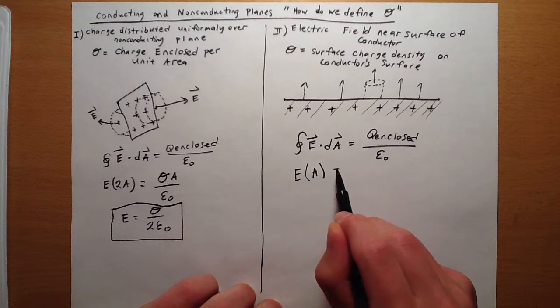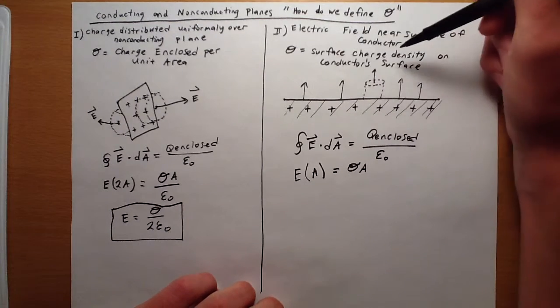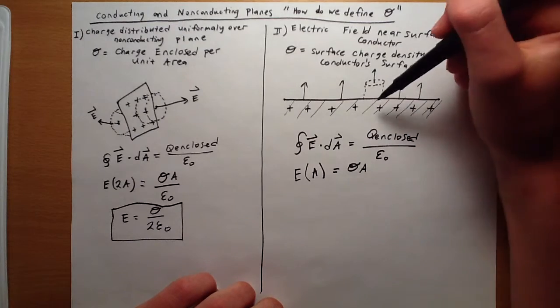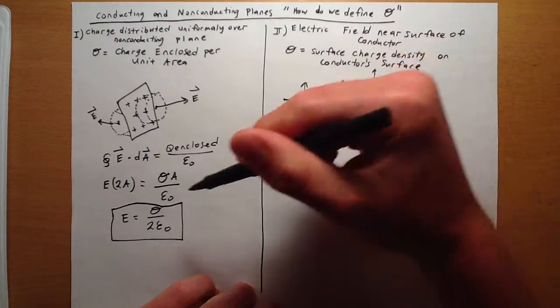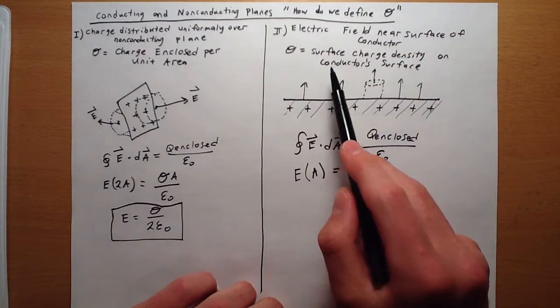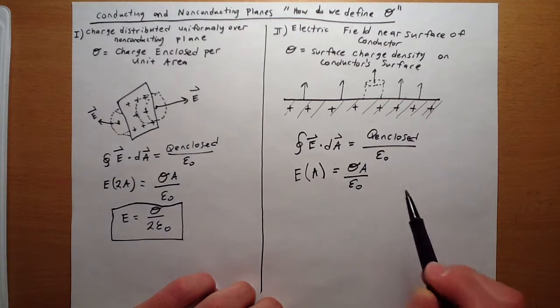And this is going to be equal to sigma A, the surface charge density on the conductor's surface, which is omega, times the area. Same as before, but with a different omega value, over sigma naught.